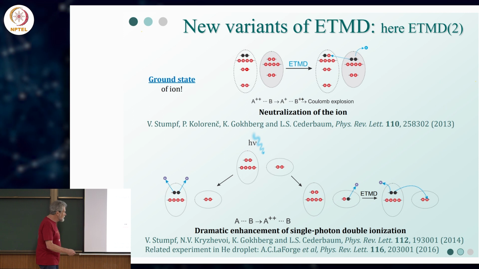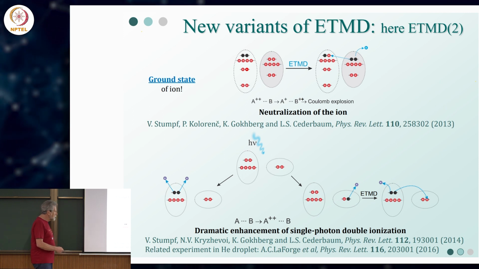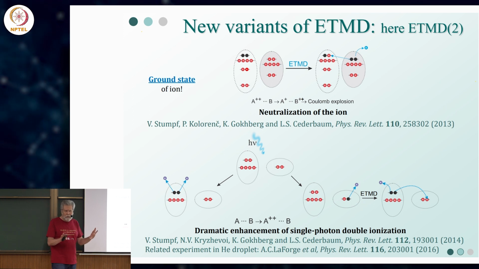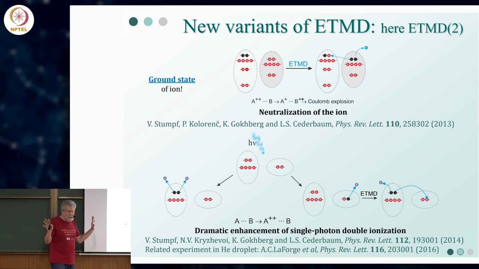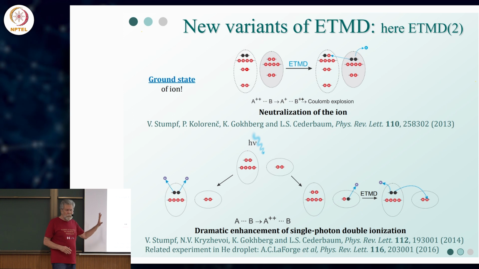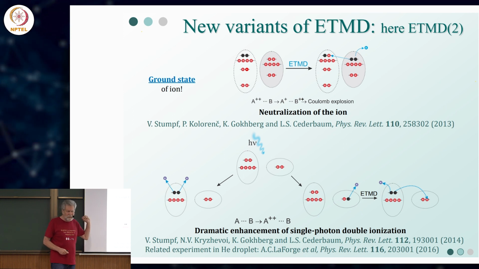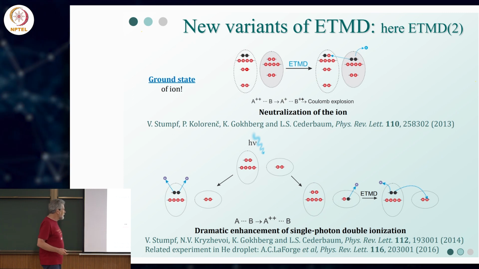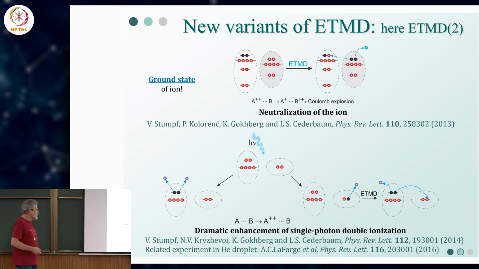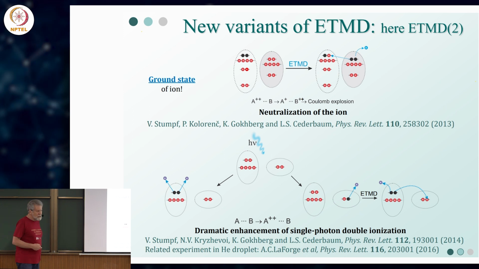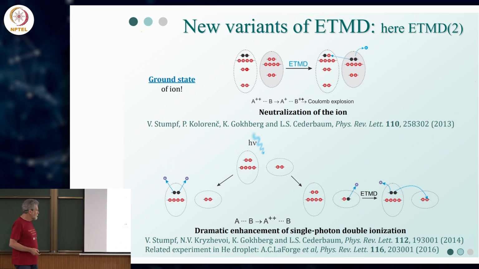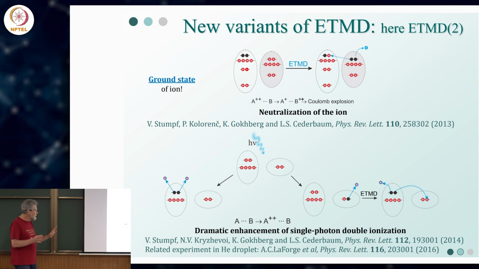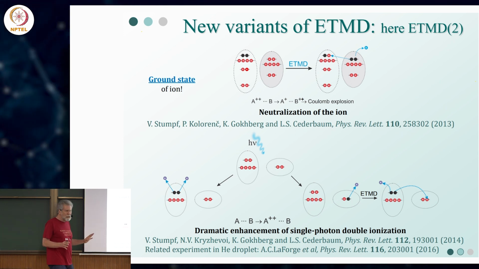So at the end you have the same magnesium 2 plus and a neutral helium, and if you don't measure the electrons, you think that the helium just was standing there, but the cross-section grew by 3,500 times, okay? Because the ETMD is much more, so to say, efficient or probable than the direct double ionization by a single photon of magnesium. Okay, so you see, even helium can be a very nice partner for nice inter-atomic or intermolecular processes.